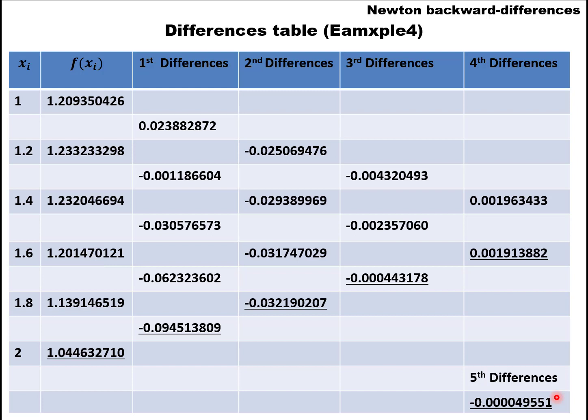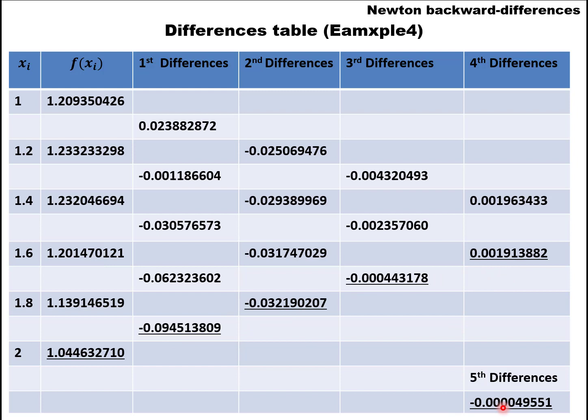No changes from the previous examples, the procedure is the same, but we are using the last row and backward formula. The values which I underlined, that I will be using.